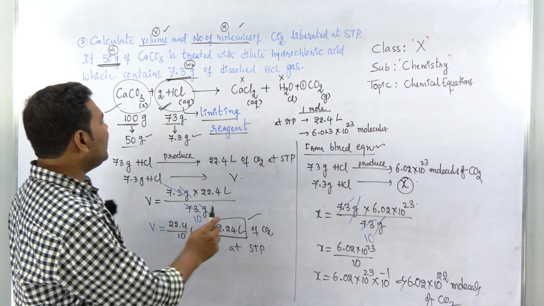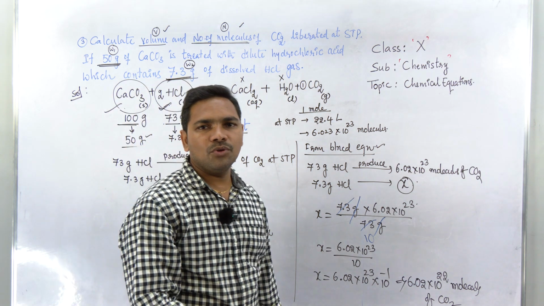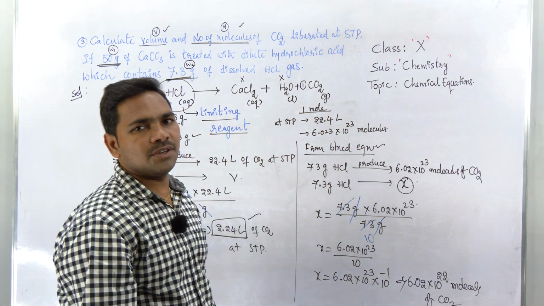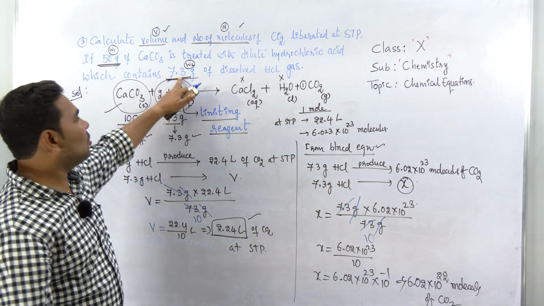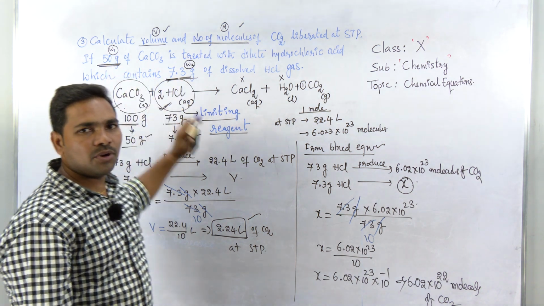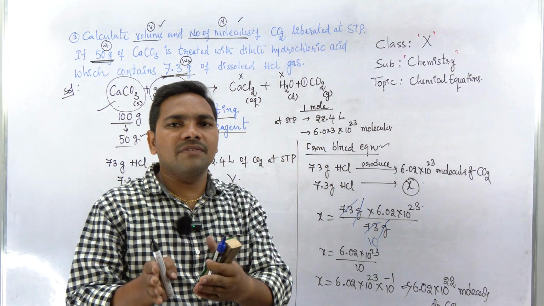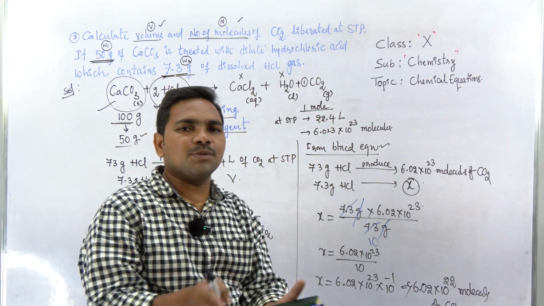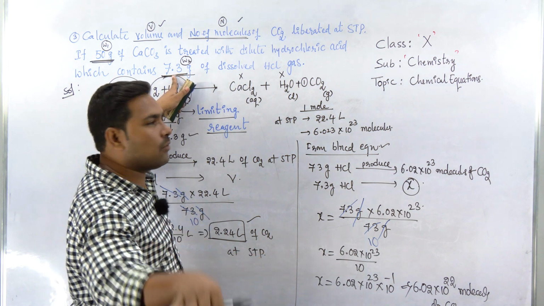Okay, here we compared the volume of CO2 released and the number of molecules of CO2 produced only with the weight of HCl, not with the weight of calcium carbonate. It is because 50 grams of calcium carbonate needs 36.5 grams of HCl, but we are provided only 7.3, less than the required quantity.